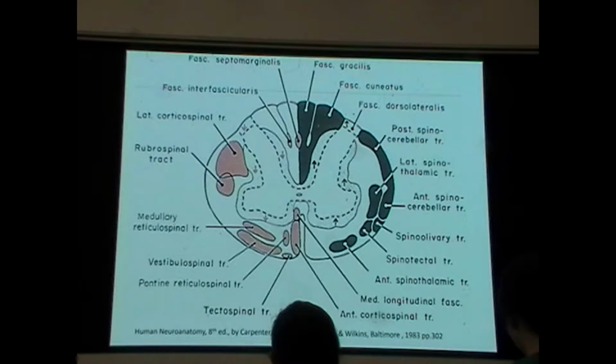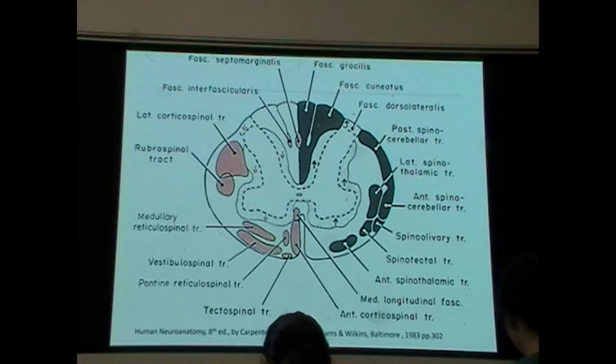So, for example, the fasciculus interfascicularis and septomarginal fasciculus, they are two tiny little tracts in this posterior funiculus area. They have some input in relationship to control of either muscles in the lower extremity or muscles in the upper extremity.